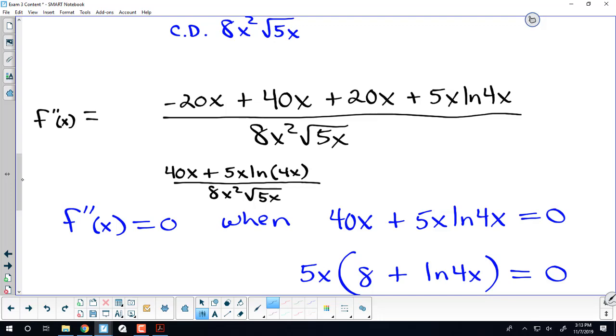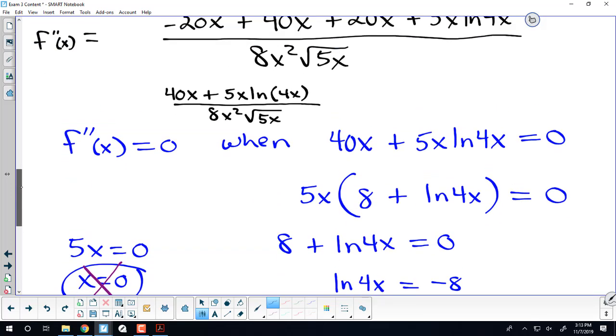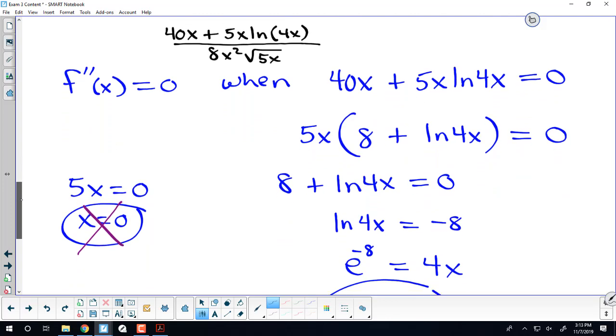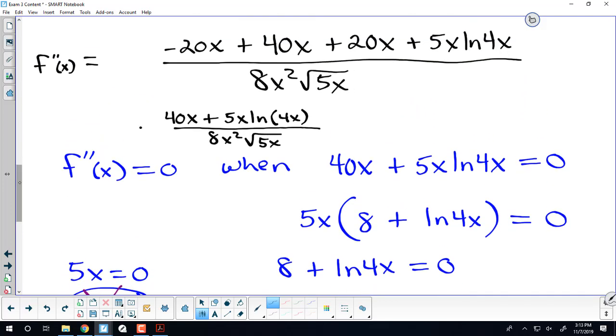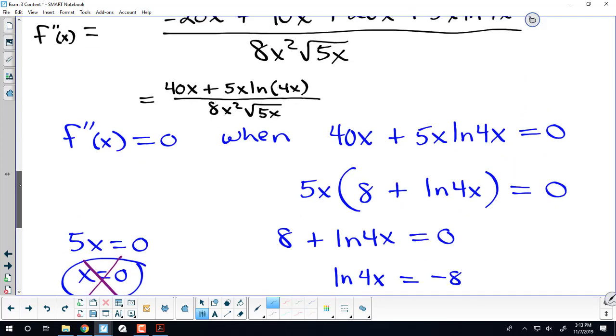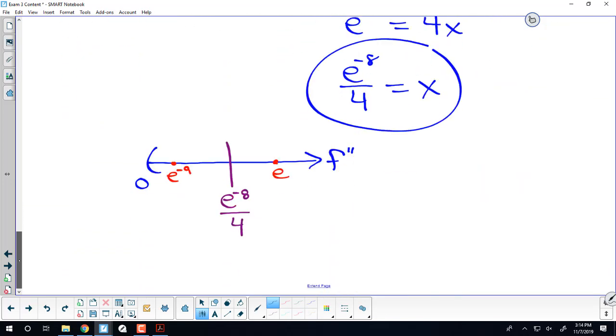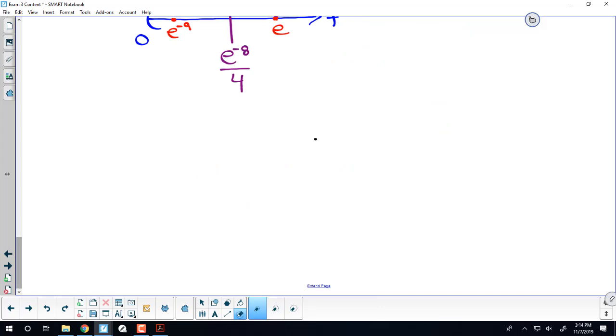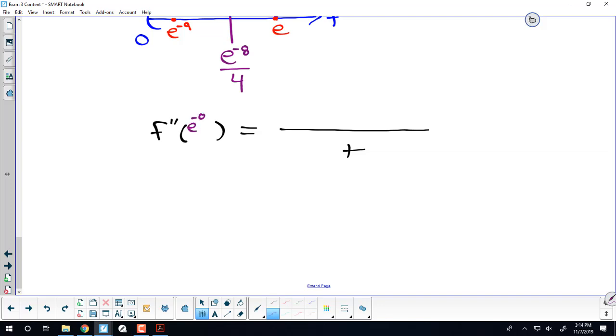So let's just plug in our 0 into the numerator of the second derivative. 5 ln 4. Denominator is always positive. e to the negative 8 over 4.